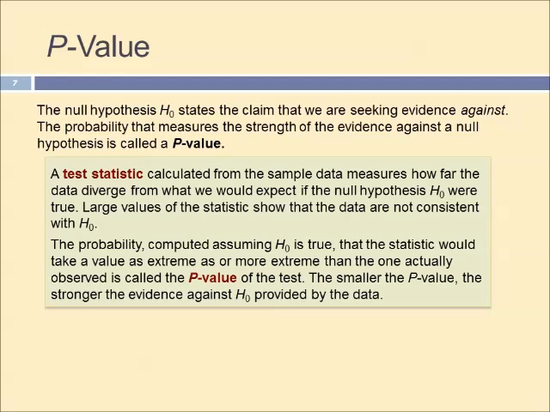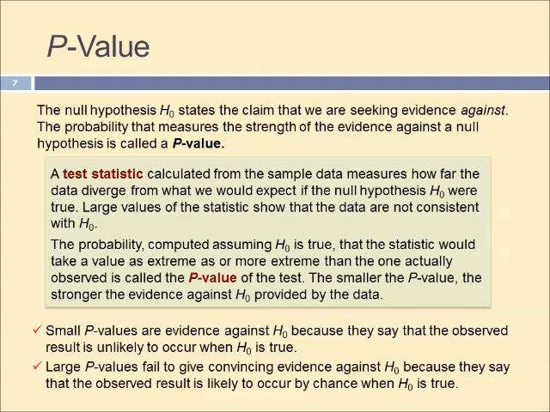The probability, computed assuming that H sub 0 is true, that the statistic would take a value as extreme or more extreme than the one actually observed is called the p-value of a test. The smaller the p-value, the stronger the evidence against H0 provided by the data.